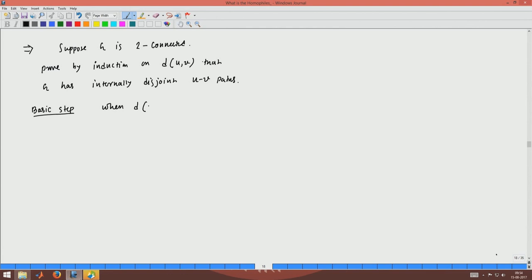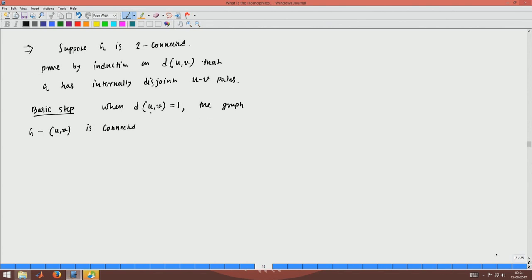Take a pair of vertices which are at distance 1. That means u and v is an edge, basically. When the distance is 1, the graph G minus uv is connected. Why is this true?